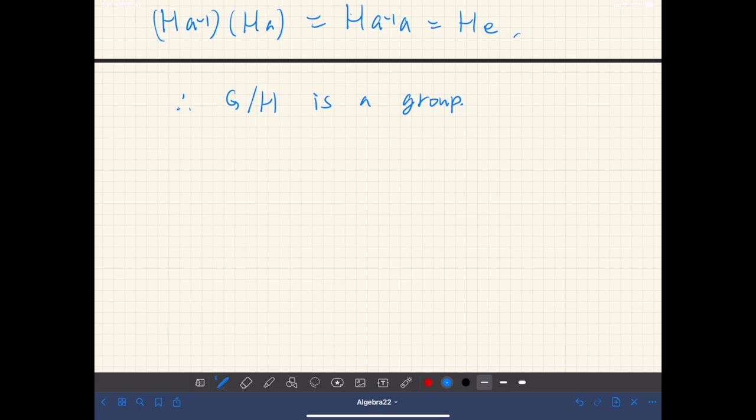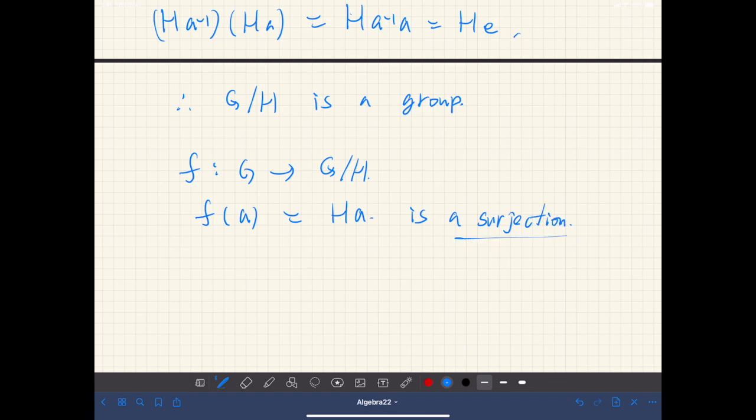Next, we define a mapping f from G to G by H, which is defined by f of A is equal to HA. This is a surjection.